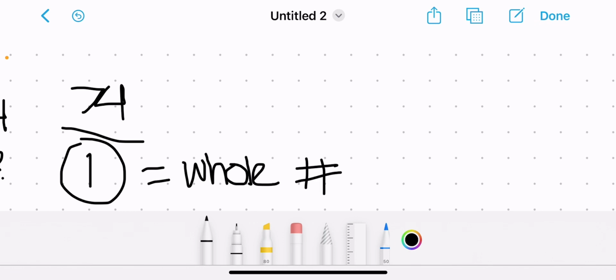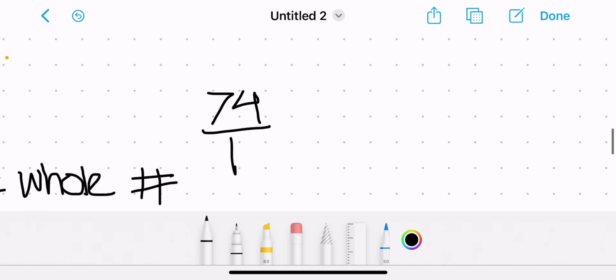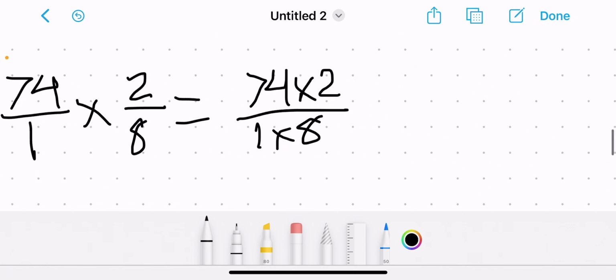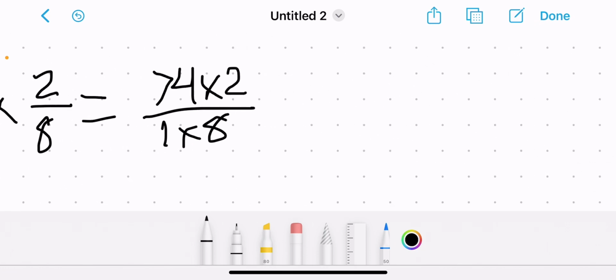So, if I do 74 over 1 times 2/8, I know that all I have to do is multiply my two numerators and put them over the product of my two denominators, and I'll use the standard algorithm to do 74 times 2.